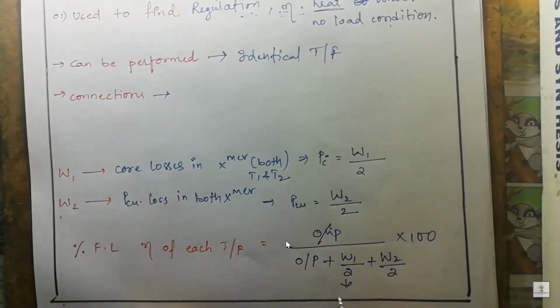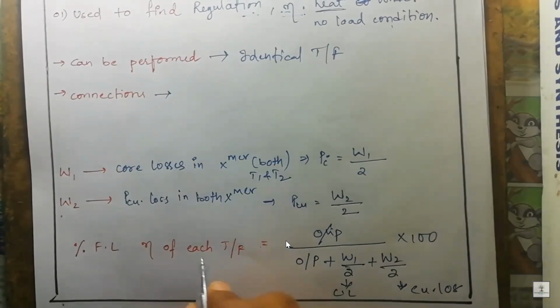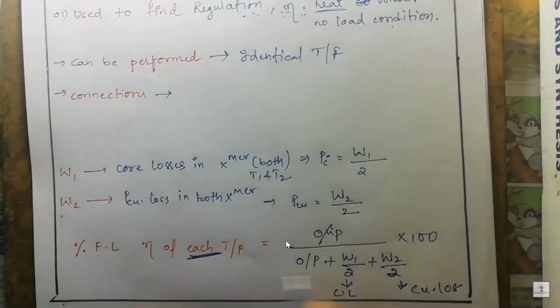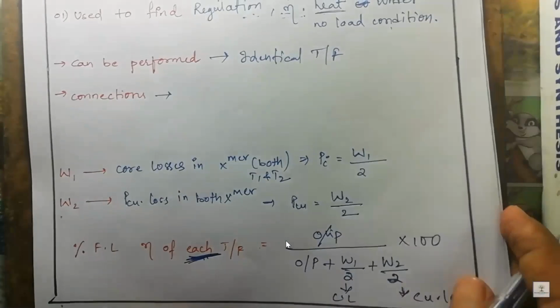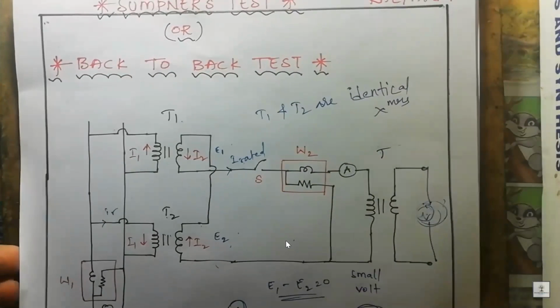W1 is the core loss, W2 is the copper loss, and the division by 2 is for each transformer. I took the denominator as 2 because it is for each transformer. So this is about Sumpner's test. I will give the PDF link, and if you have any doubts, comment.